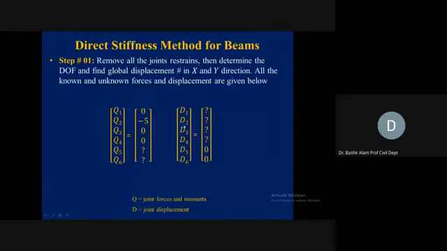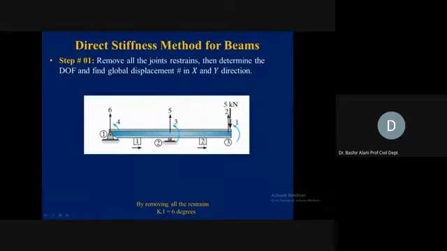Now Q2, which corresponds to D2, has an externally applied load here. You see here, this was our D2. Corresponding to this, we have this 5 kilonewton, but in the opposite direction. Magnitude is 5, so we put this with the negative sign. How much is Q1? We don't have any external applied moment here, so we put that equal to 0. How much is the moment corresponding to this rotation, D3?